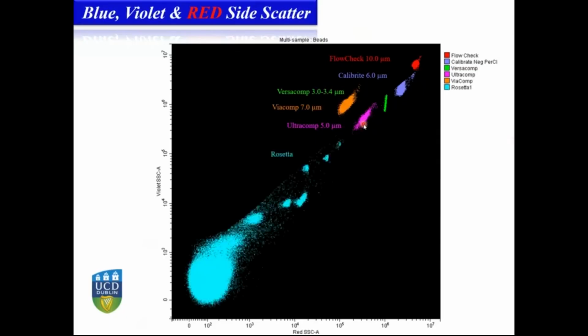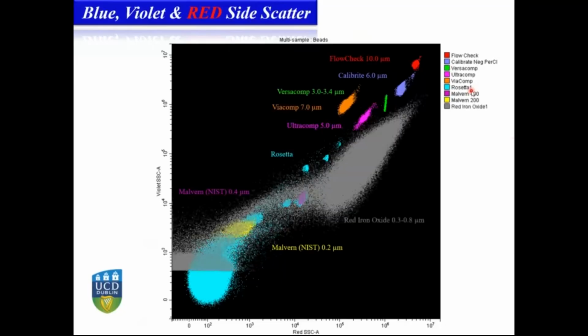The Rosetta beads, we can see, follow a completely different path. This is a mix of different beads, and again we can see that this set of beads has more red side scatter than violet side scatter. If we look at the silica beads, the 0.4 shares the same space as one of the Rosetta beads, and the 0.2 shares a different space compared to the Rosetta.